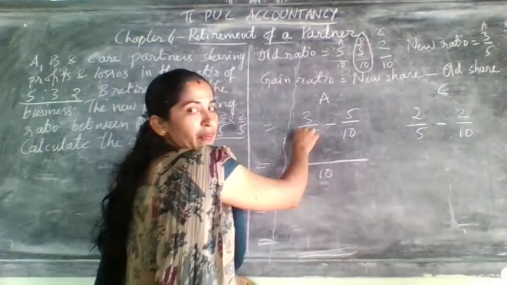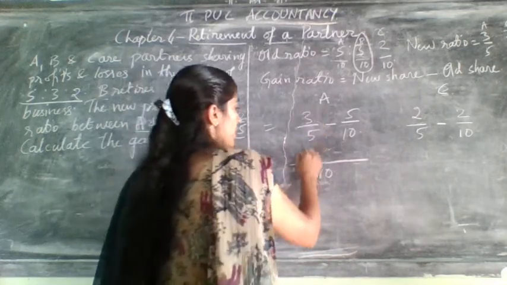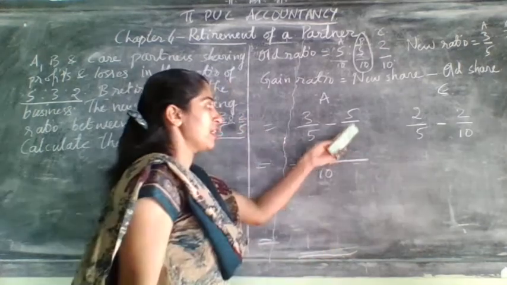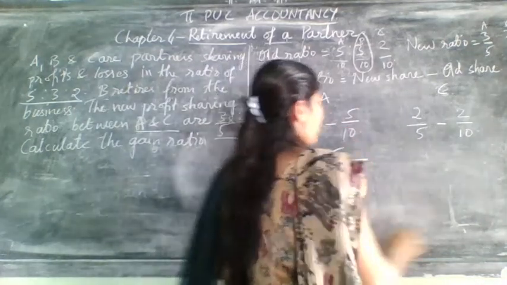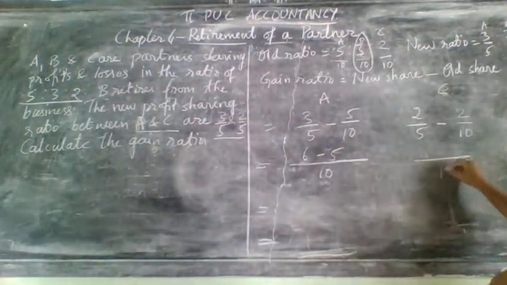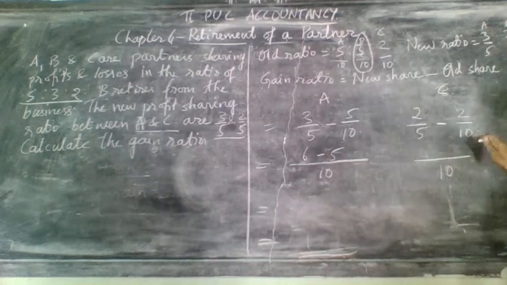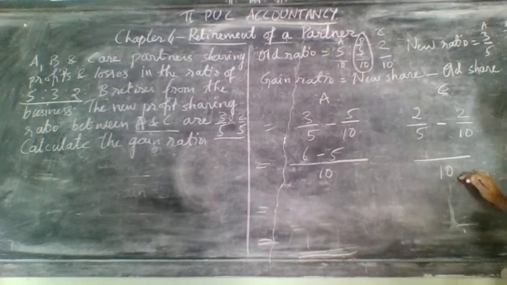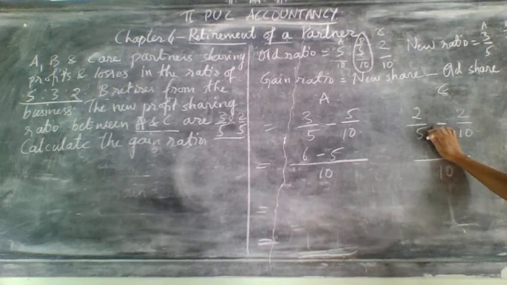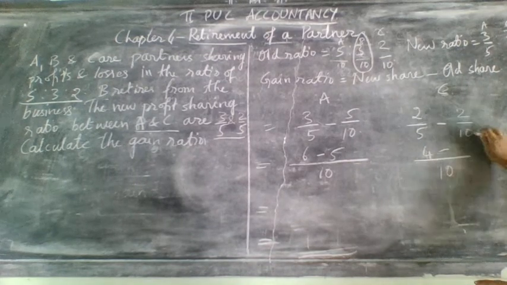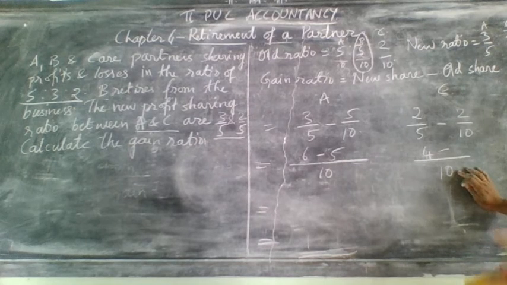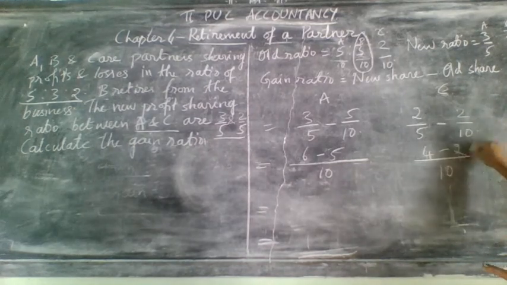10 divided by 5, you will get 2. 2 3s are 6 minus 10 divided by 10, you will get 1. 1 5s are 5. Here again 10 is the common denominator. 10 divided by 5, you will get 2. 2 2s are 4 minus 10 divided by 10, you will get 1. 1 2s are 2.